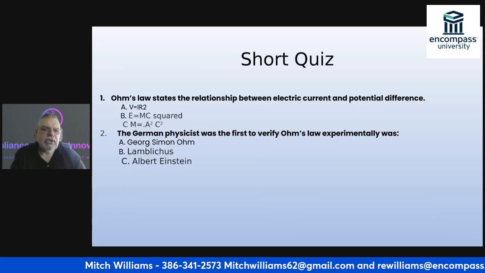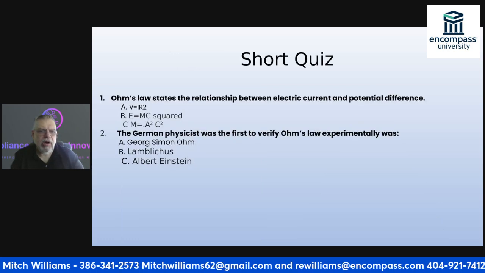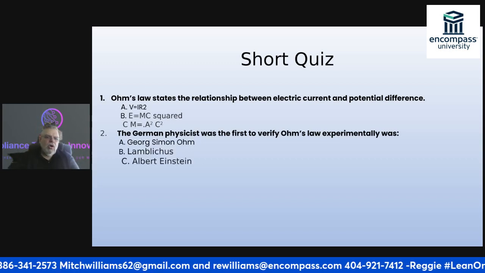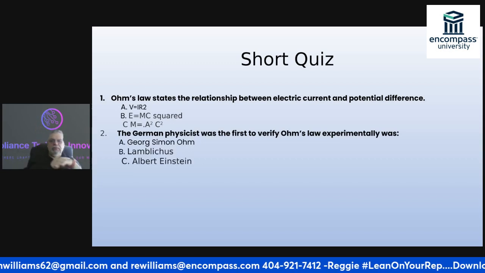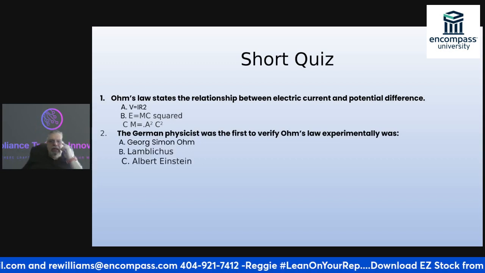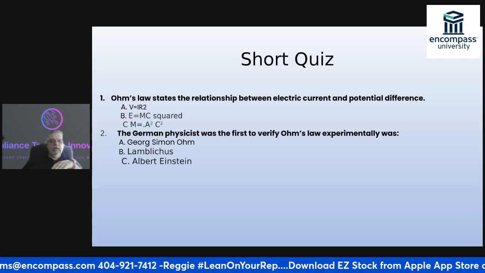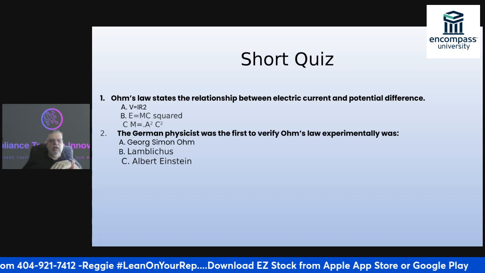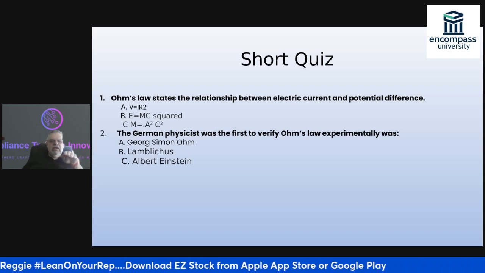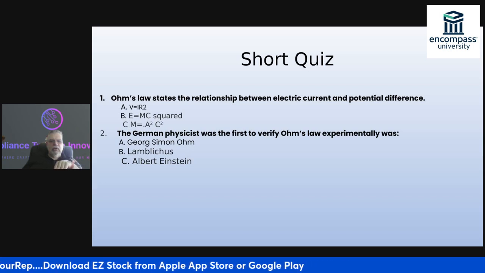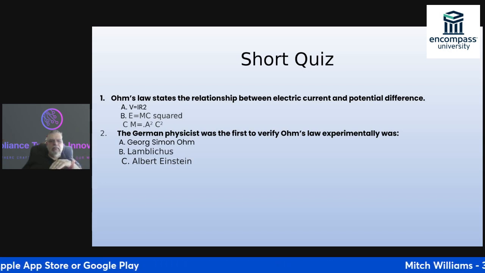Here's a short quiz on Ohm's law. Ohm's law states the relationship between the electrical current and potential difference. What is Ohm's law? Is it V equals I over R squared? Is it E equals MC squared?